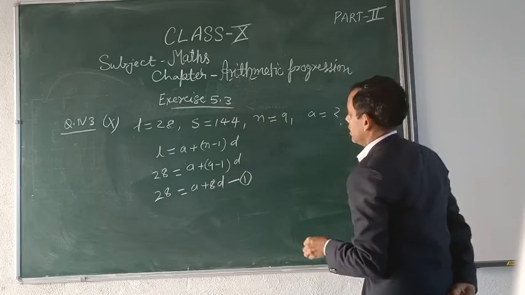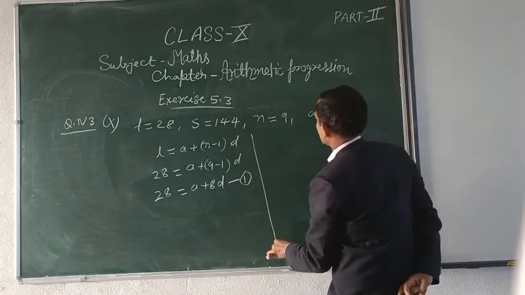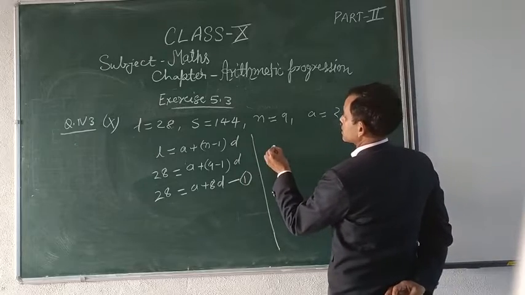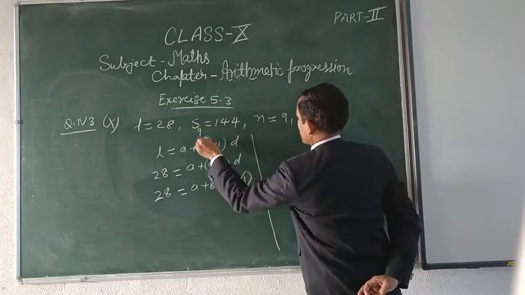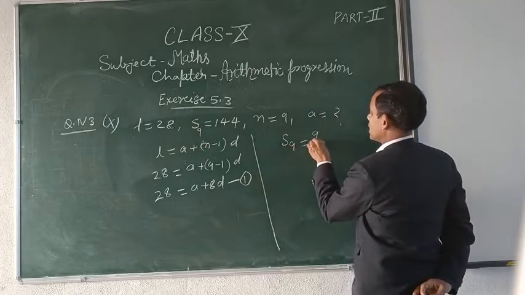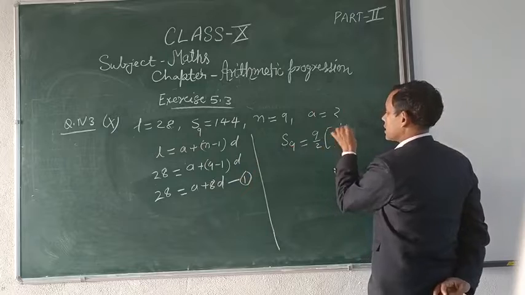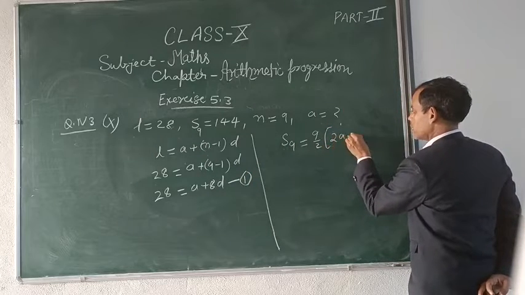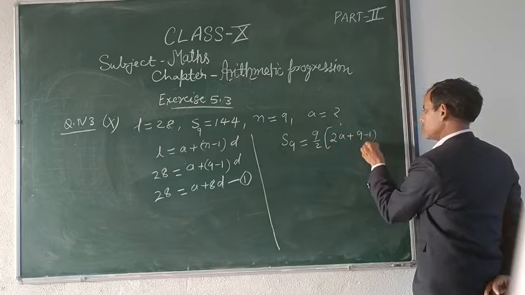And again also given that S equal to 154. It means 9 is given here. Then Sn can be written as 9 by 2 in bracket 2a plus 9 minus 1 into d.